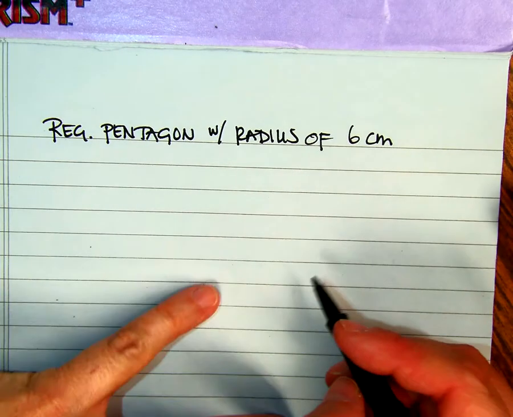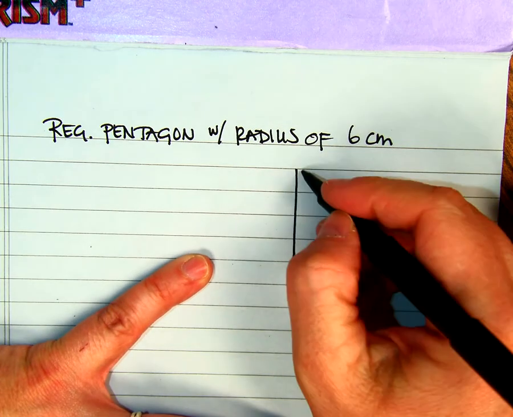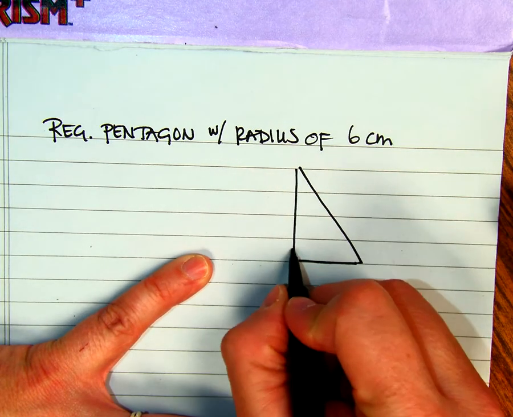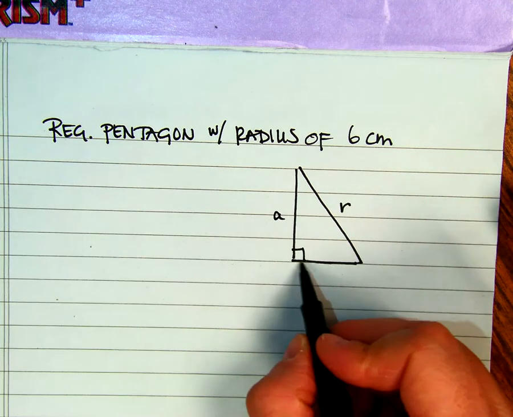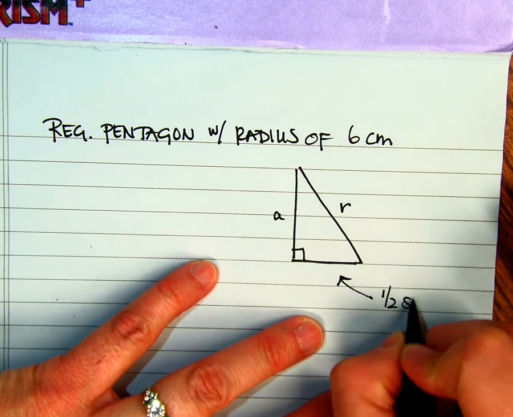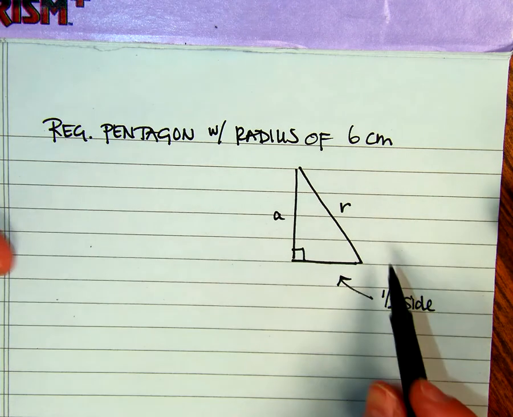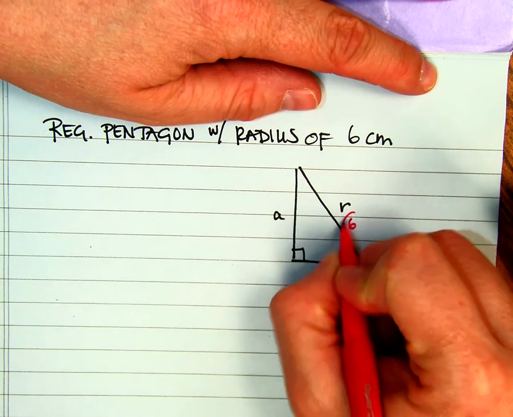Okay, so most often I will just focus on that triangle, knowing that this is my radius, this is my apothem, and this is half of my side. So you need to remember that that's half of your side. Okay, radius of 6. I know that this is going to equal 6.